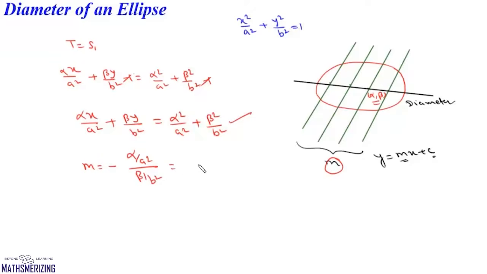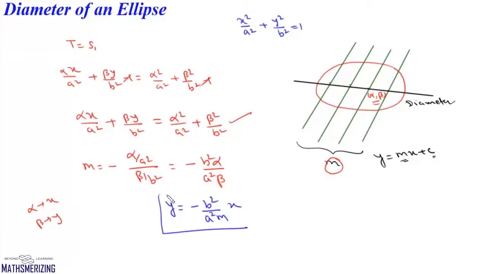So from here we'll get this condition, which is minus b square alpha upon a square beta. Now we'll replace alpha with x and beta with y. So the equation of this diameter will be y equals minus b square upon a square m into x. That is the equation of the diameter of the system of parallel chords whose slope is m.